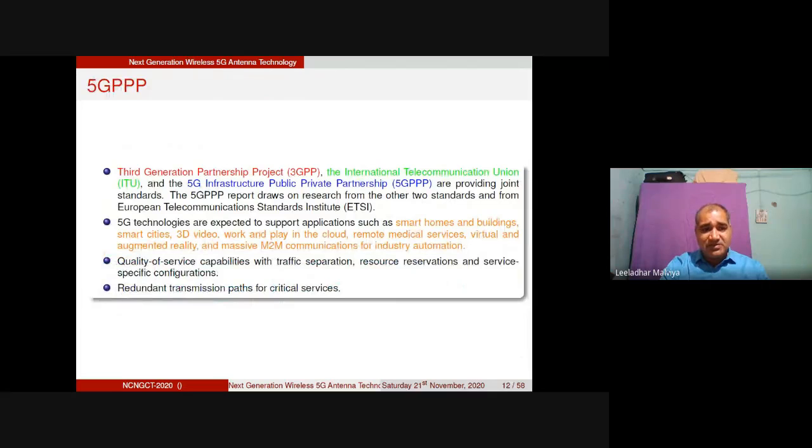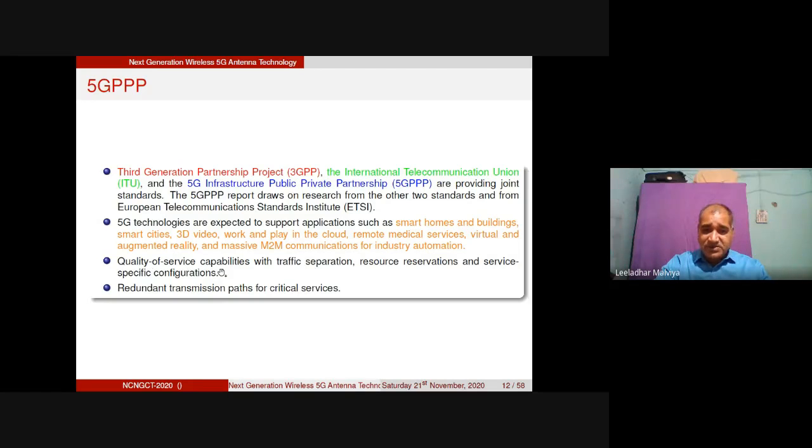So 5G was a project of 5G PPP. 5G PPP is the 5G Infrastructure Public-Private Partnership project, which was working jointly with the European Telecommunications Standards Institute, right, as well as different organizations also involved in 5G. 5G is used to provide smart home solutions and buildings, smart city solutions, 3D video conferencing, work and play in the cloud, remote medical services, virtual and augmented reality, and massive machine-to-machine communications for industry automation.